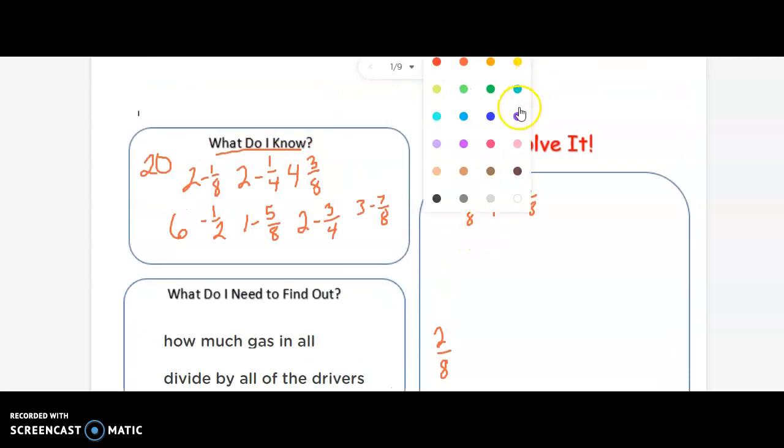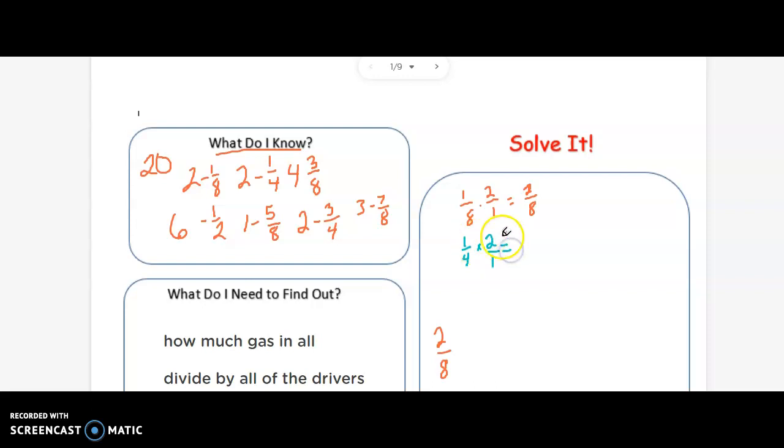And then I had 2 of 1/4. So 1/4 times 2, which is 2 over 1, gives me 2 over 4. I'm going to put this down here because I'm going to have to add that to 2/8. So far I've got this one and this one.